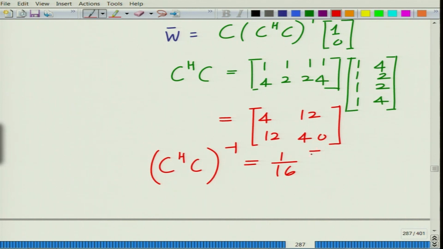Once again, now we are very familiar with this, computing the inverse of a 2 cross 2 matrix: switch the diagonal elements, negative of the off diagonal elements.